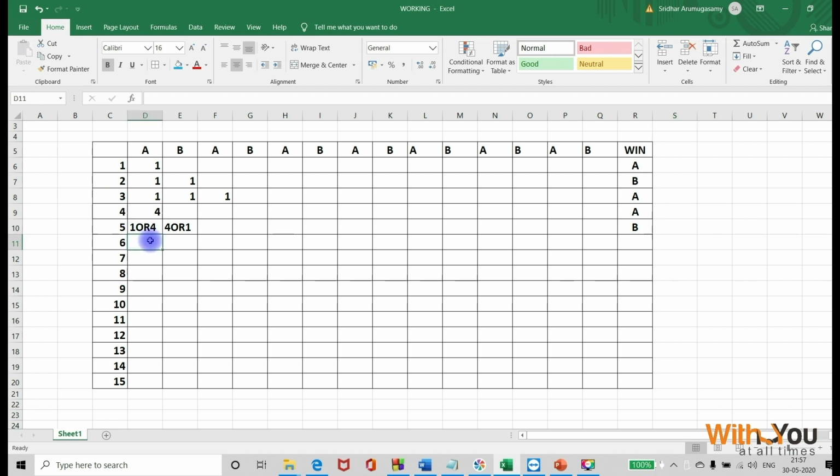Now let's look at 6. There are 2 options for her: either she can play 1 or 4. If I am Alice and I play 1, there will be 5 left out. If 5 is left out, whatever Bob picks up, 1 or 4, I will take the other. So obviously I'll play 1.